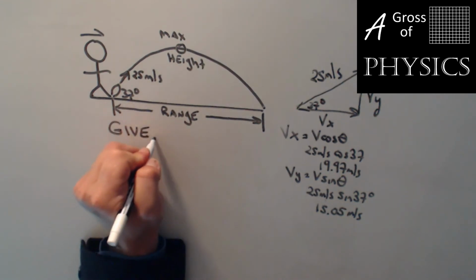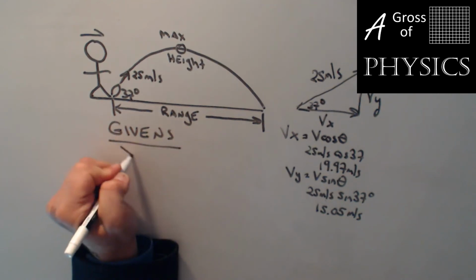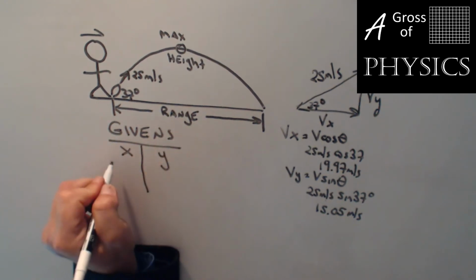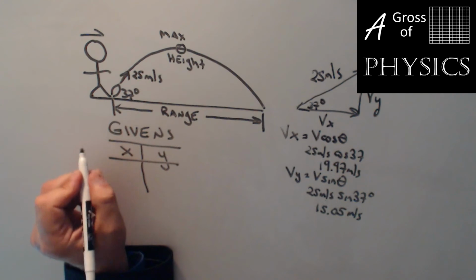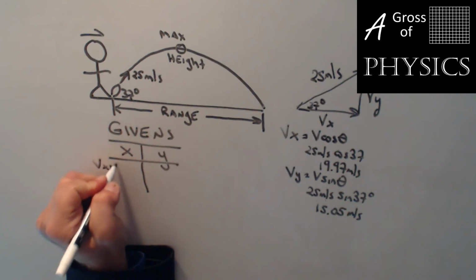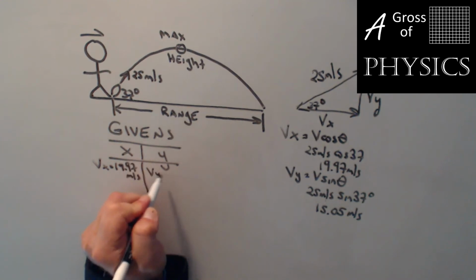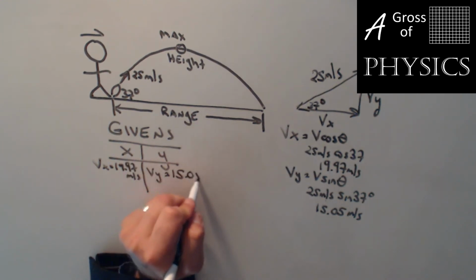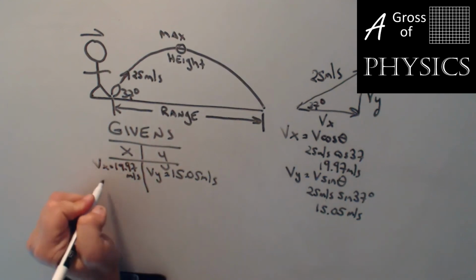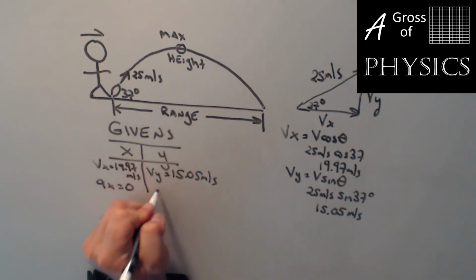Now those variables go into our givens list. And since this is a projectile motion problem, we're going to have a givens list that has x's and y's. The Vx is 19.97. The Vy is the 15.05 we just calculated. Ax, 0.